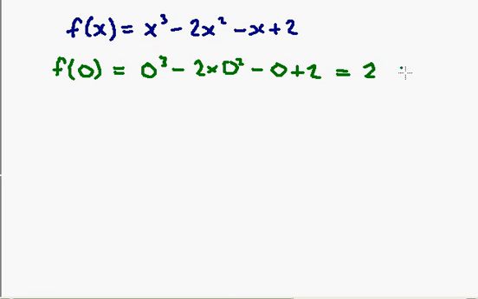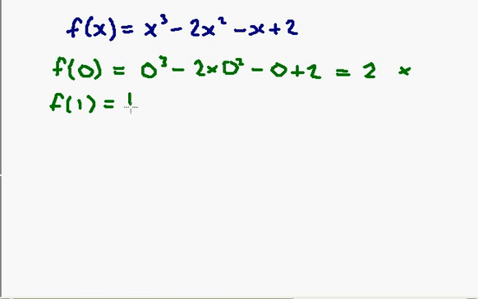So f of 0, 0 is not a solution. You can quite easily see it just from here that if 0 was a solution, I would have been able to pull out a factor of x from all the terms, which I can't. Now let's try f of 1.